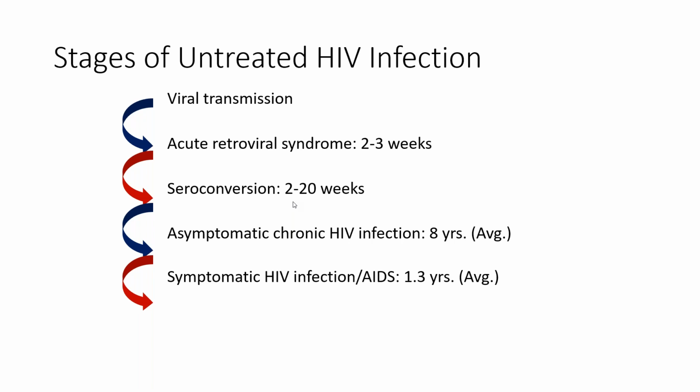And this period is a rather long, protracted period, and it may last anywhere from 5 years up to 10 years. On an average, it is said that patients remain asymptomatic for about 8 years after acquisition of the HIV infection.